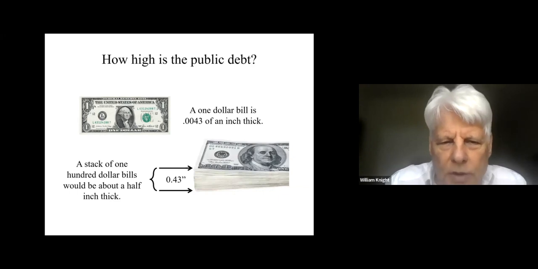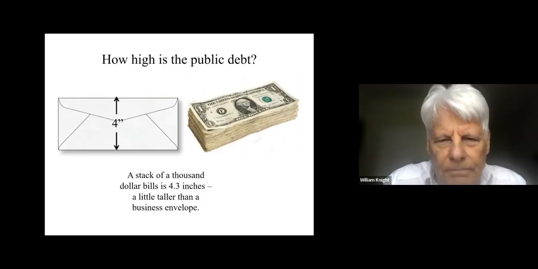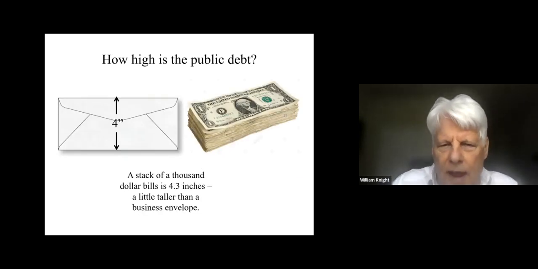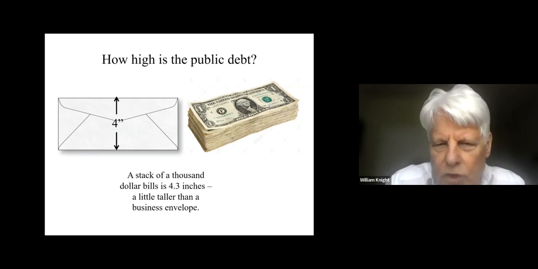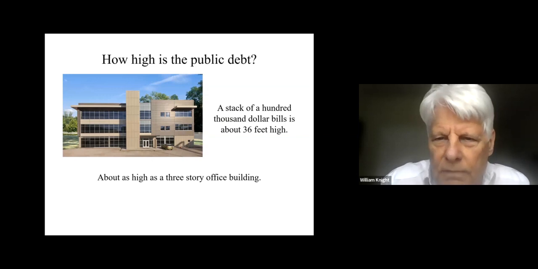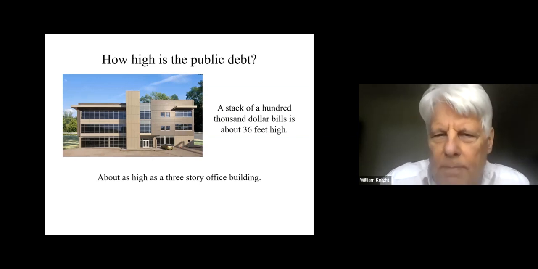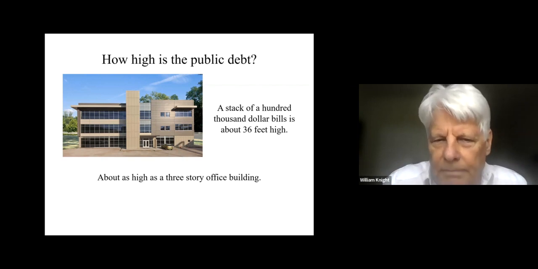A stack of $100 bills is going to be about half an inch, 0.43 inches thick. A stack of $1,000, of course, is going to be about 4.3 inches, a little taller than a business envelope. A stack of $100,000 is going to be about 36 feet high, about as high as a 3-story office building.